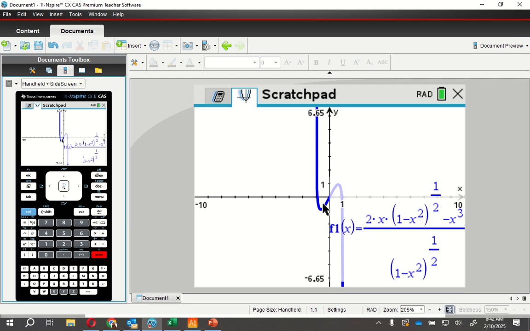There you go. So this is a graph of my derivative.